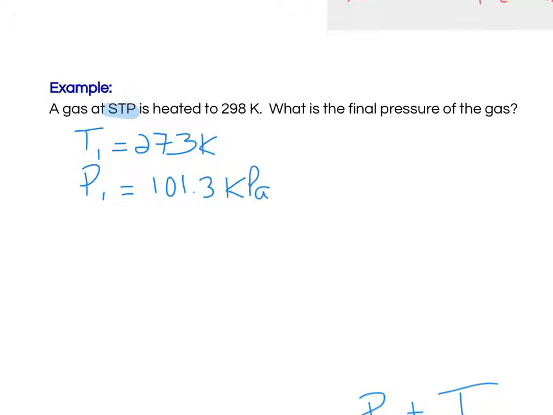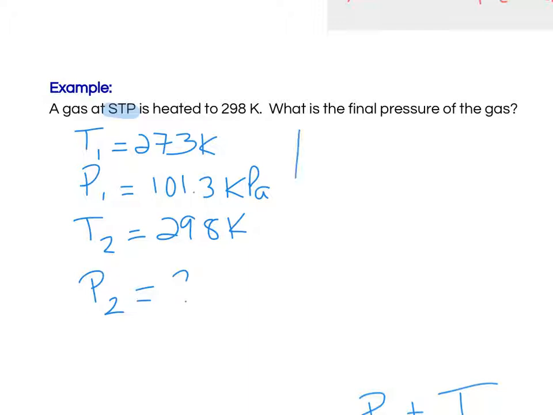Those are values you're just going to have to memorize. It tells me that it's being heated, so heating is a temperature change. It's being heated to 298 Kelvin. What is the final pressure? What is P2? So there are my givens.